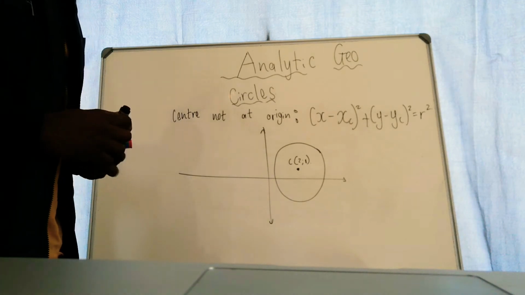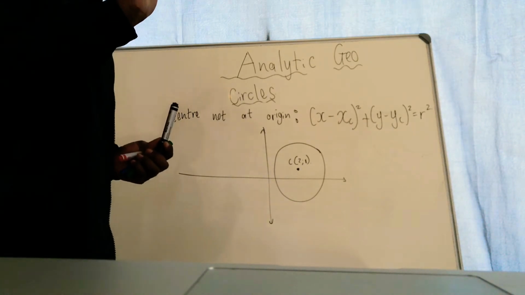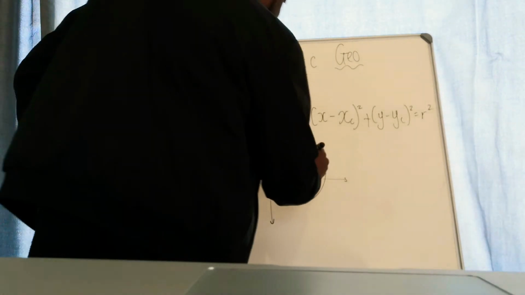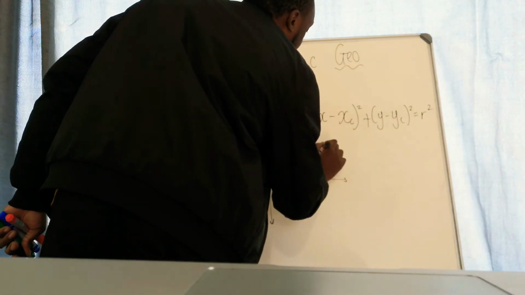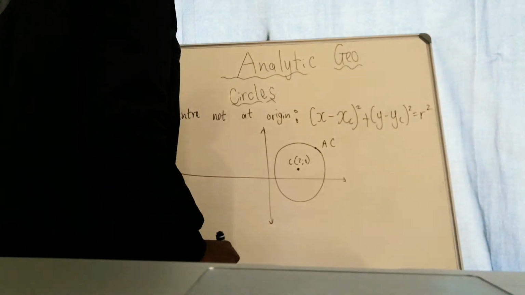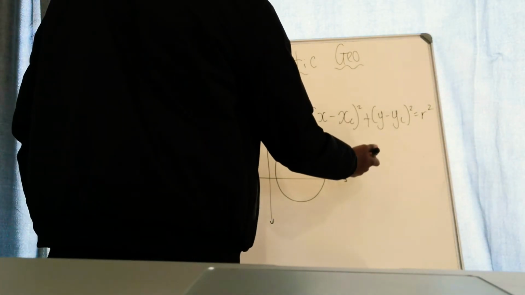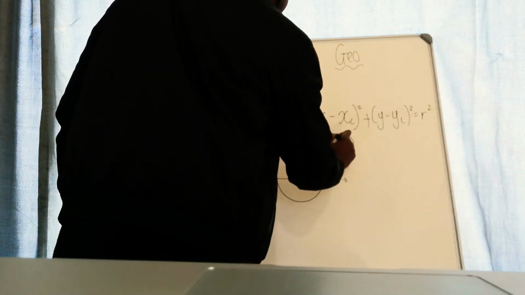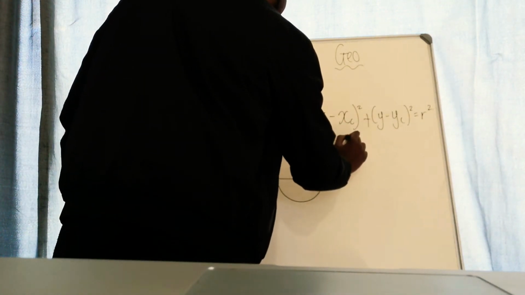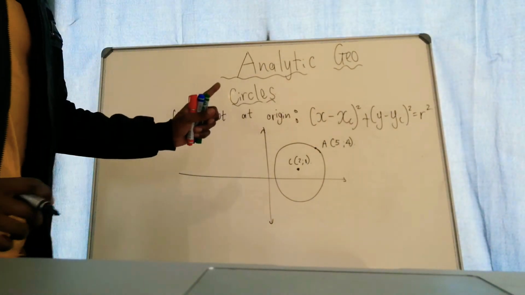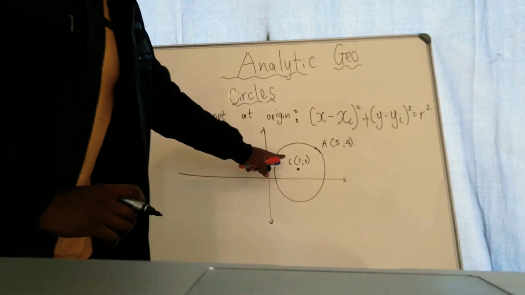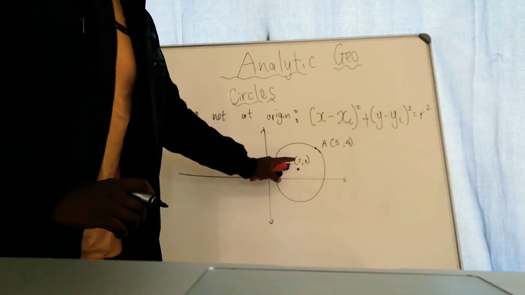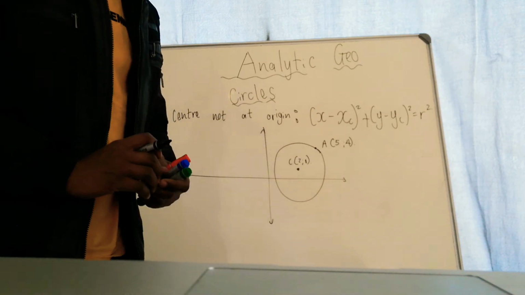So one thing you're going to need is one of these two things. You're going to either need them to give you another point there, let's say an A value, or just guess values 5 and 4, the other way around. So you're going to either need another coordinate on the circumference, or you're going to need the radius of that circle.